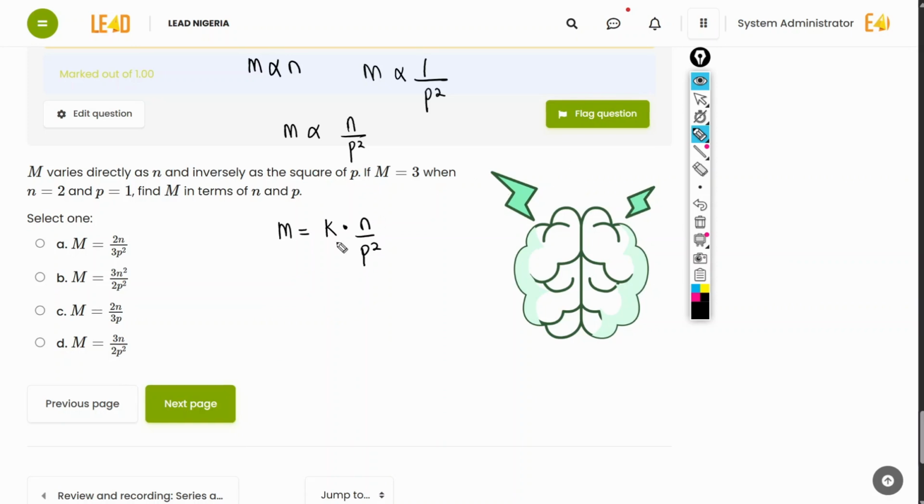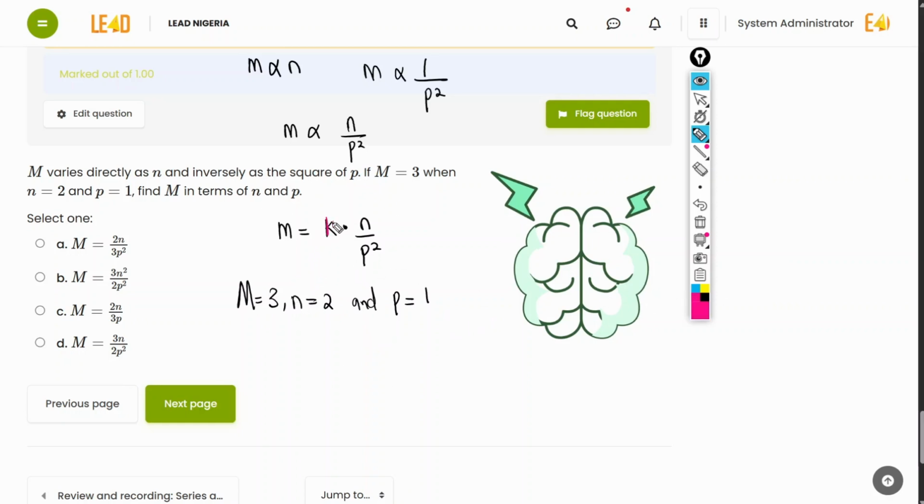So now we can move on to say, we are told that m is 3 when n is 2 and what? P is 1. And we were given these terms to be able to solve for k. So we'll just throw everything in and see what it produces as k.